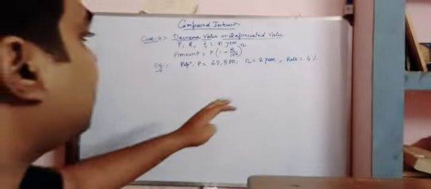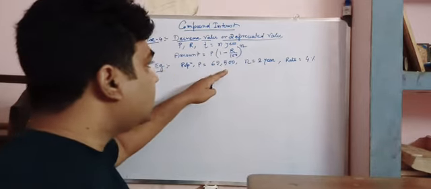It means the population decreases by 4% per annum.